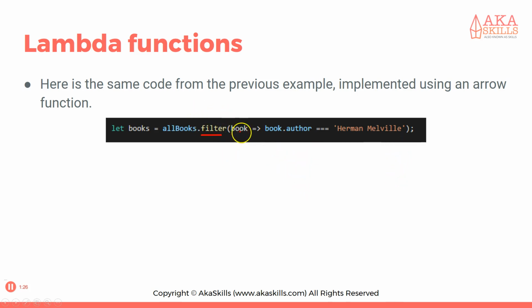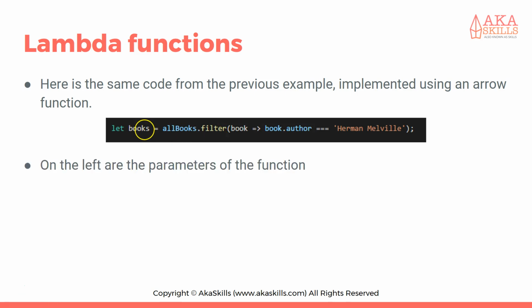I just have .filter, and with the arrow function, book goes to this one. And book represents the current value inside the array which you're iterating. So on the left are the parameters of the function, and on the right is the body of the function.